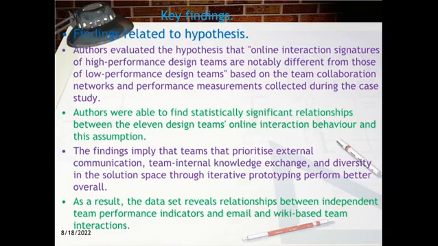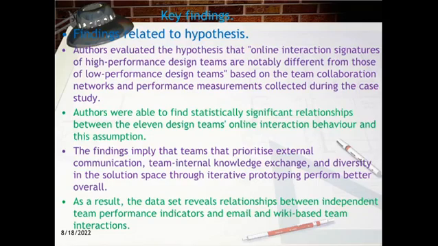Authors were able to find statistically significant relationships between the 11 design teams' online interaction behavior and this assumption. The findings imply that teams that prioritize external communication, team internal knowledge exchange, and diversity in the solution space through iterative prototyping perform better overall.